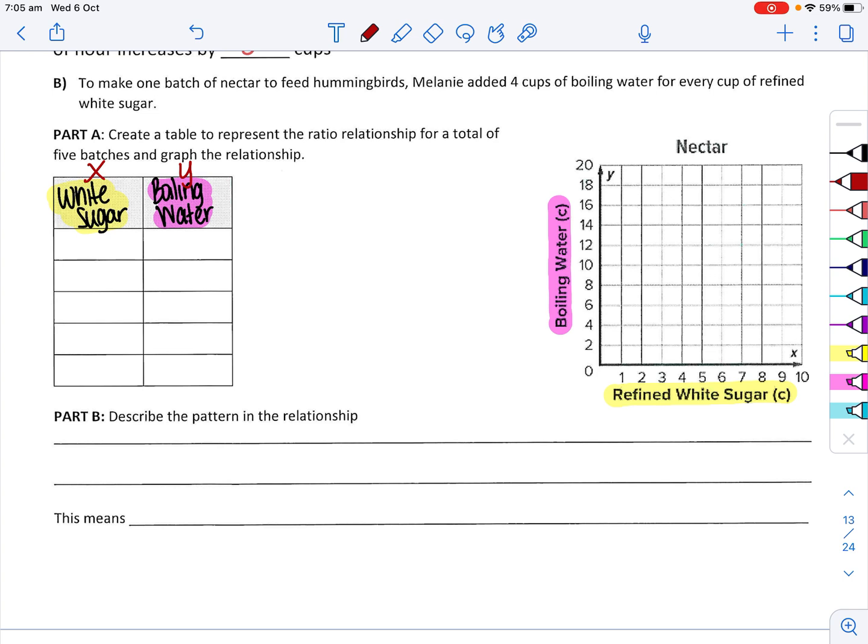And then it says to make 1 batch of nectar to feed hummingbirds, Melanie added 4 cups of boiling water for every cup of refined sugar. And every cup means every 1 cup. So now I'm going to continue my pattern. So the white sugar is going to go up by 1s, and the boiling water is going to go up by 4.